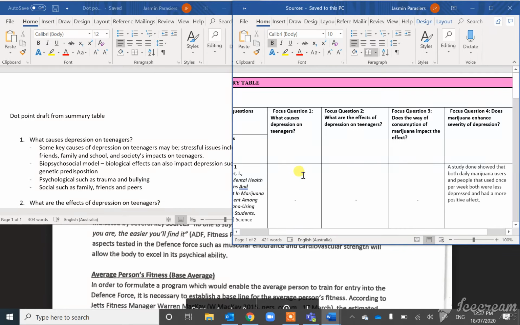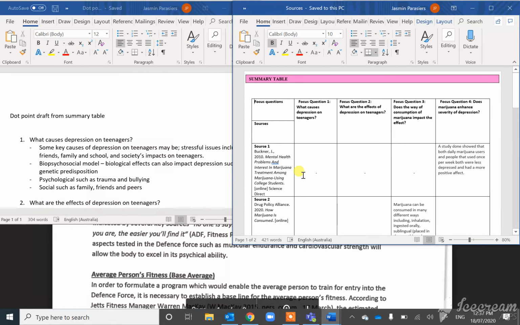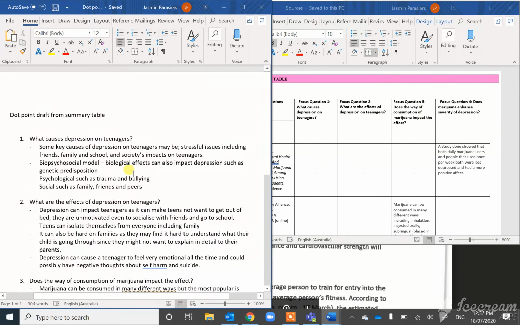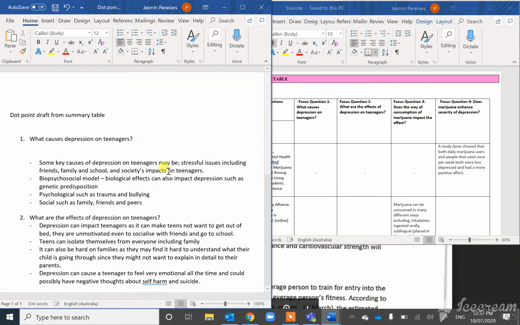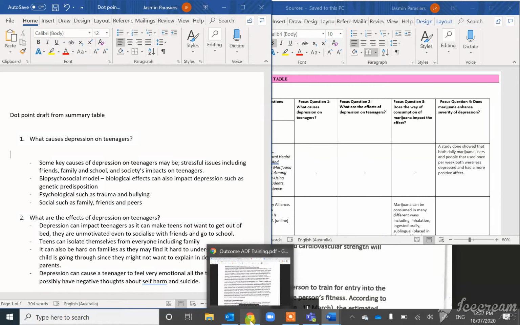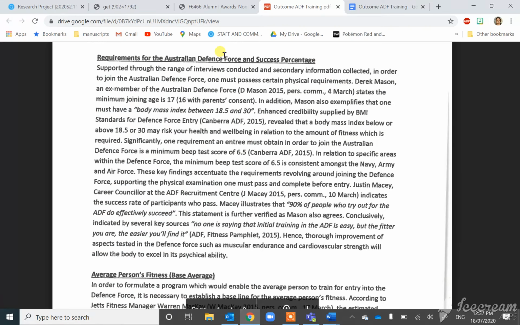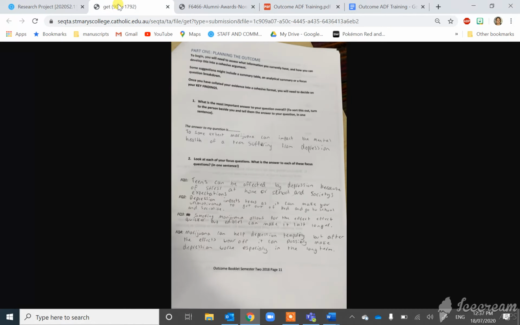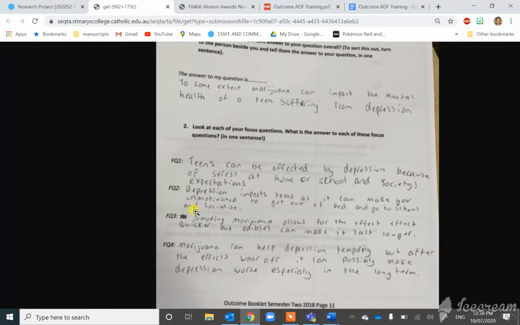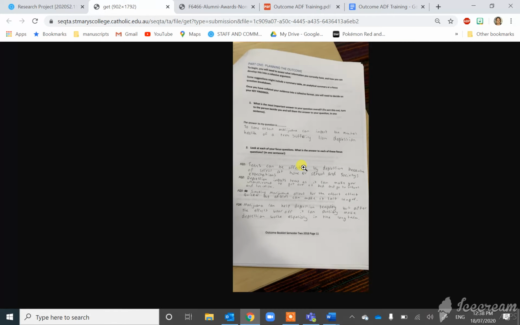We need structure because you're trying to write a really complicated argument. So what we can then do is look at, say, for example, our first focus question here, what causes depression in teenagers? And having looked at our focus question, we can see that teens can be affected by depression because of stress at home or school and society's expectations.